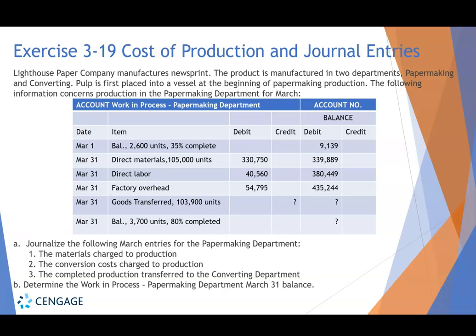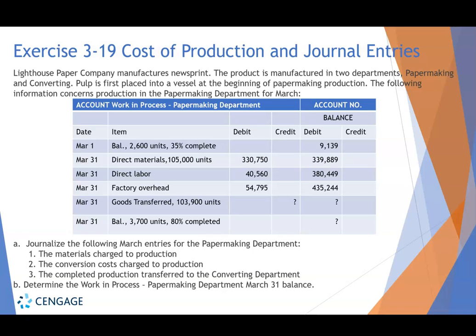I've got a couple more here. I'm going to just do this. Here we've got some information regarding Lighthouse Paper Company, which manufactures newsprint. Two departments, paper making and converting.